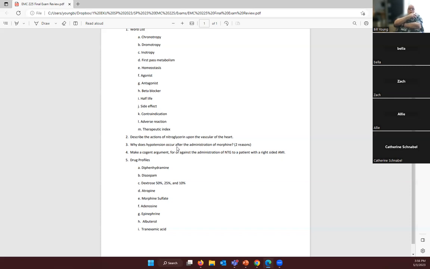Okay, all right. Let me just throw this out to anybody. Does anybody have a rationale for or against giving nitro to a patient with a right-sided MI? I think it depends. That's a good start. Tell me more. I think it depends on the way the patient's presenting, because nitro decreases the preload returning back to the heart.